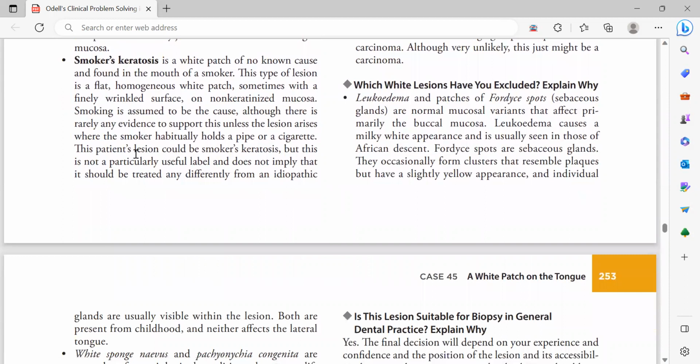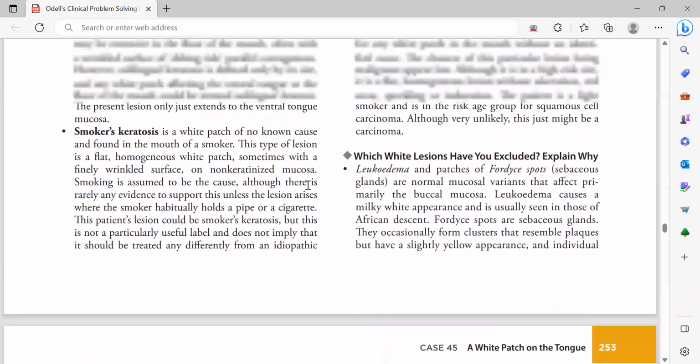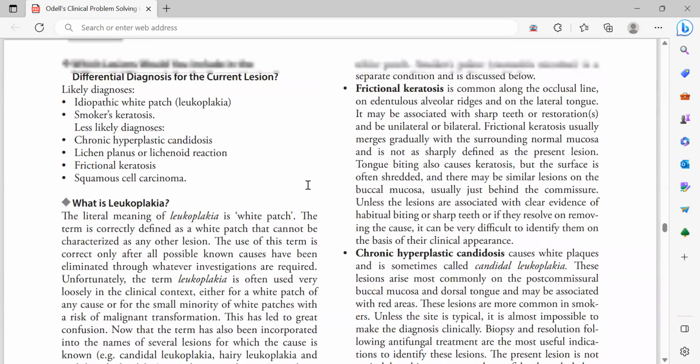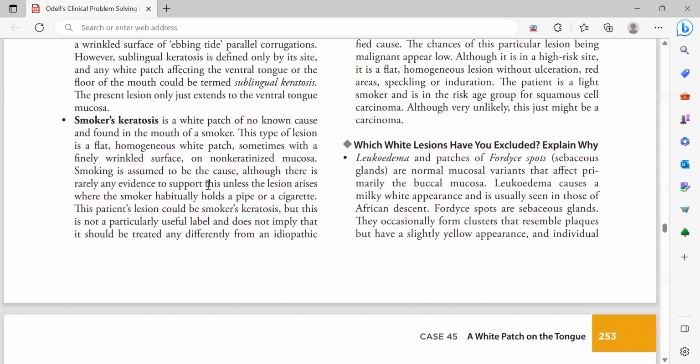Okay, this patient's lesion could be smoker's keratosis, but this is not a particularly useful label and does not imply that it should be treated any differently, because here they have mentioned it is only a label, which is a keratosis or a white patch happening in the mouth of a smoker.